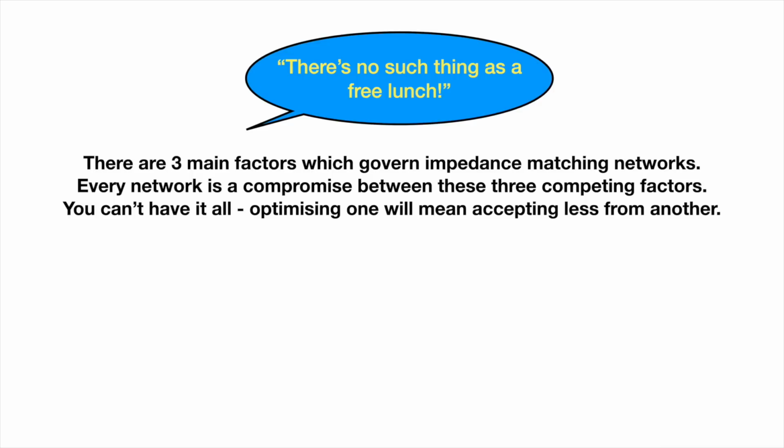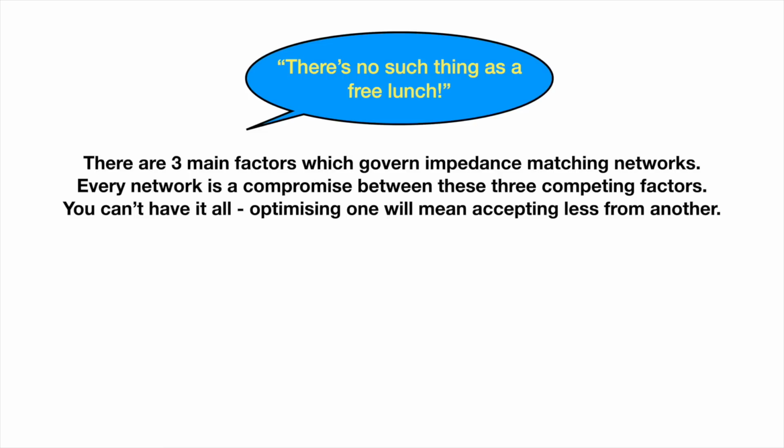Now, it's my contention that there are three main factors which govern impedance matching networks. Technically, I think we could argue there are four, because one of them is loss. But we've already talked about loss, and because we're not using any lossy components like resistors in our networks, we're going to put loss to one side.